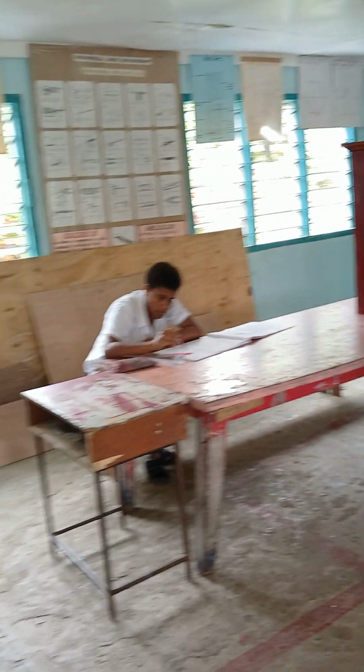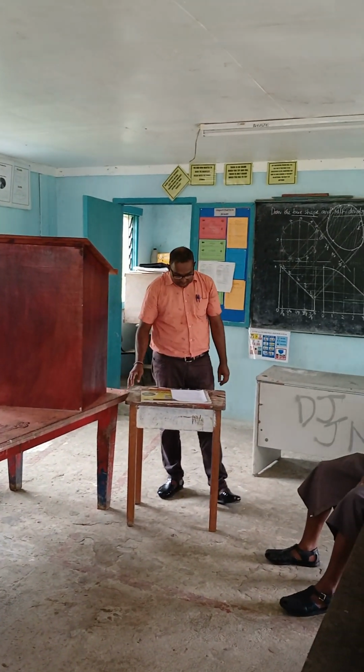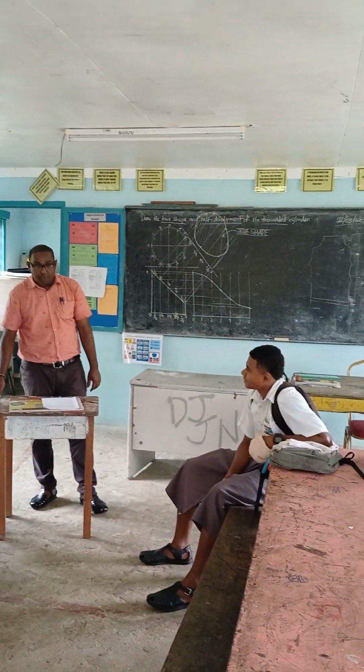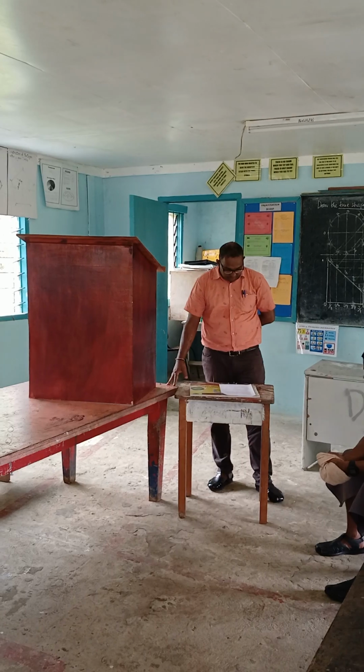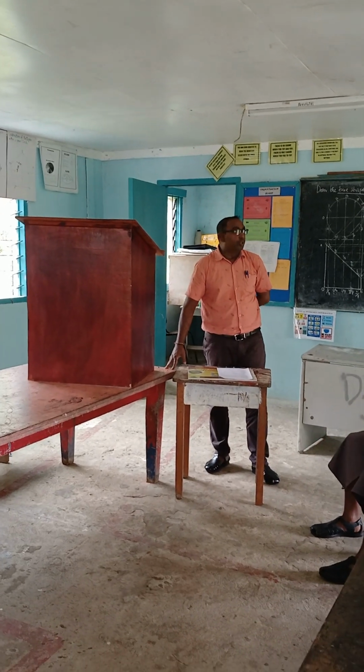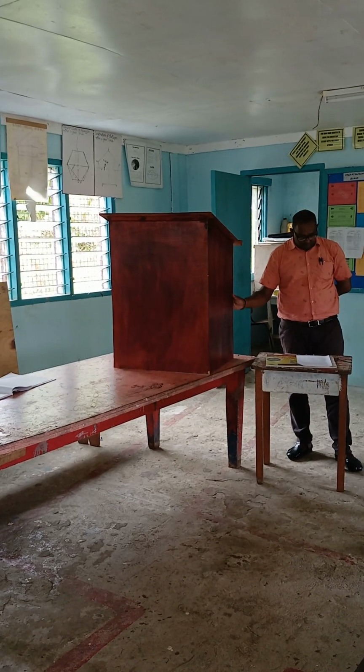Some of the objectives of the technical drawing table are: first, ensure that the lines, dimensions and angles are accurate by providing steady and dependable surfaces. We need to use different types of tools for the construction of the technical drawing table.